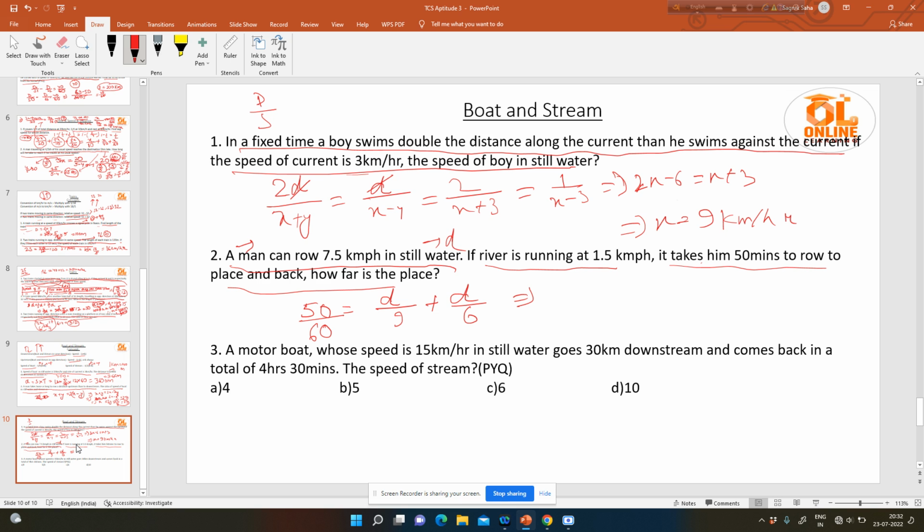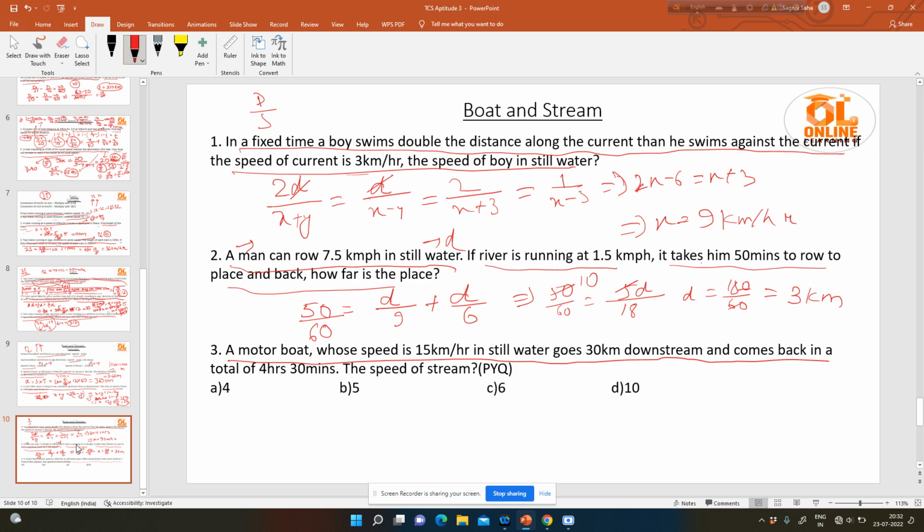So now if we solve this, 15 by 60 is equal to, what would be the LCM? It would be 18, it would be 5d, 5 and 10 cut. D is equal to 180 by 60, it would be 3 kilometer. Hope you have understood.